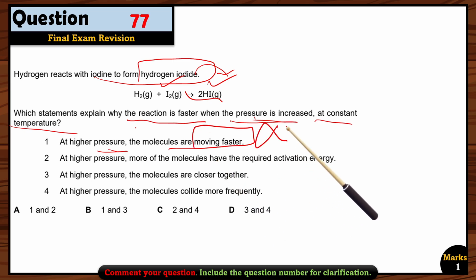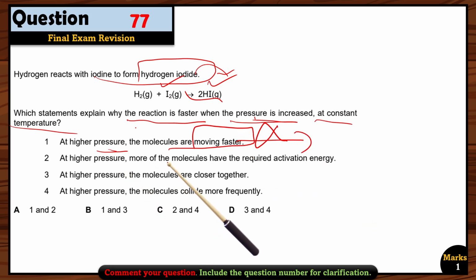Wrong. Only when you increase the temperature will the particles move faster, because they have more kinetic energy. Temperature can only speed up the particles' movement, so that's only for temperature, not for pressure.